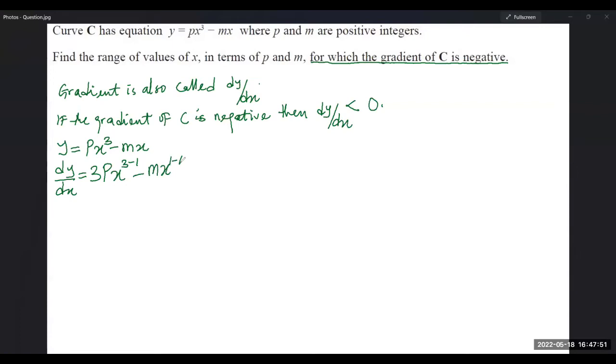For those of us who are hearing the term dy over dx for the first time, or we must have forgotten what dy over dx is, dy over dx is also called differentiation.